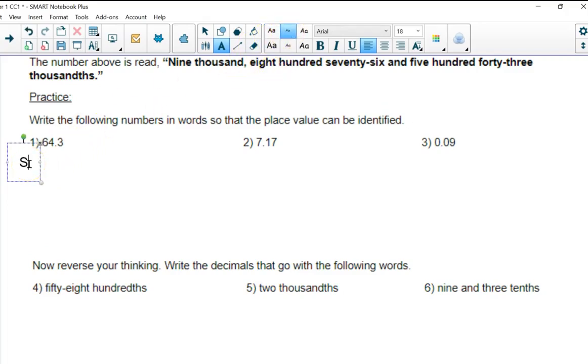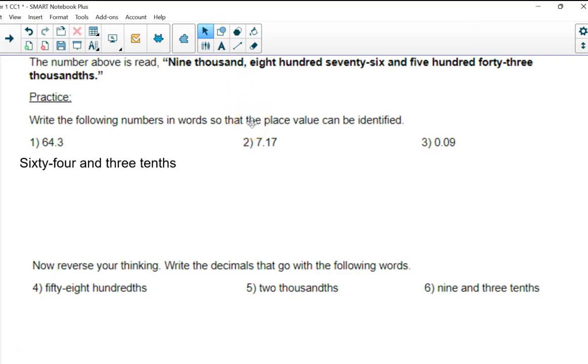So we have our 64, and remember in math, "and" means the decimal point, and 3, and then we finish it off with whatever place value that 3 is in, and it is in the tenths spot. So how I would say this number is 64 and 3/10.